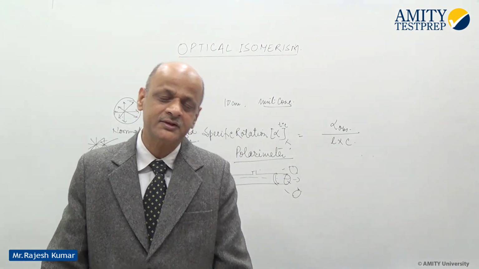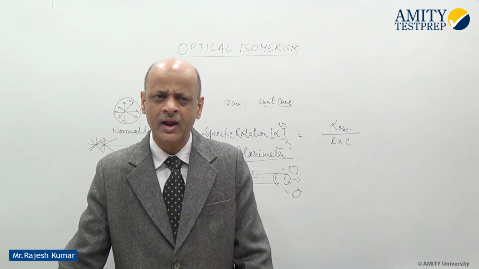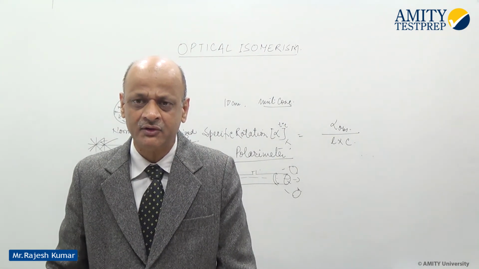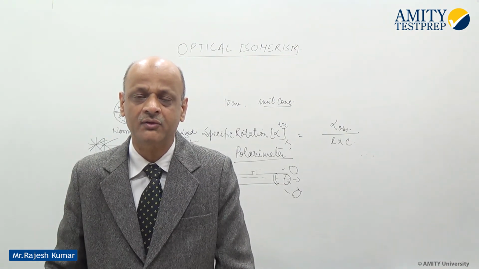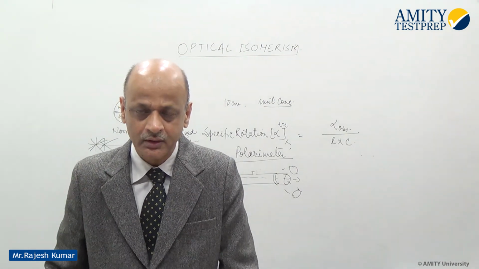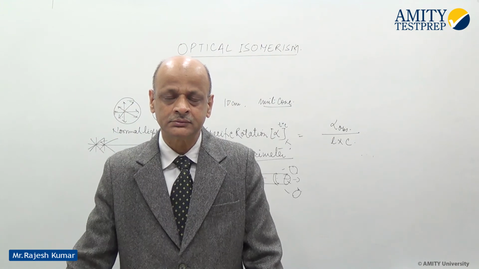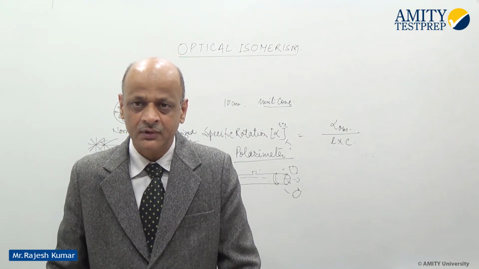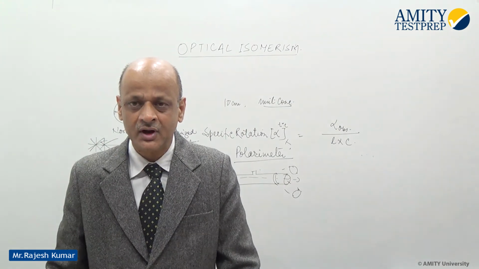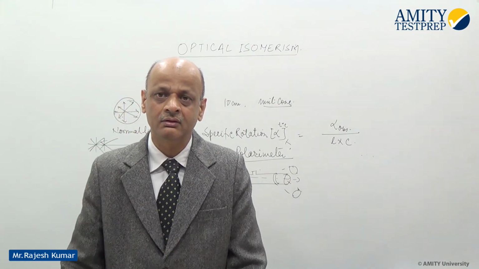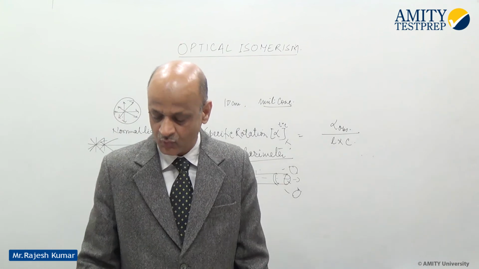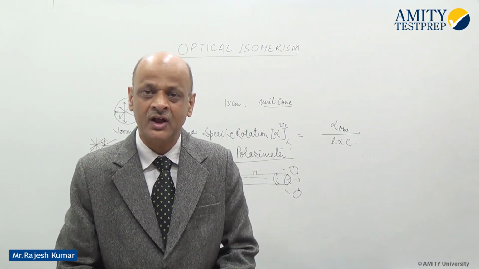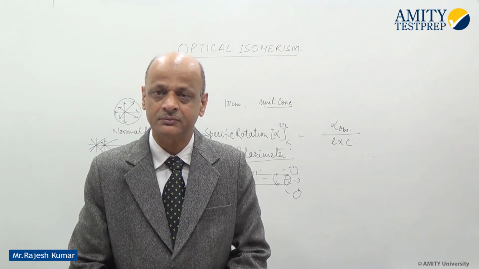Now, on the basis of optical activity, the molecules can be categorized into the following four types: D form, L form, racemic mixture, and mesoform. One by one, we will discuss what is D form, L form, racemic mixture, and mesoform.